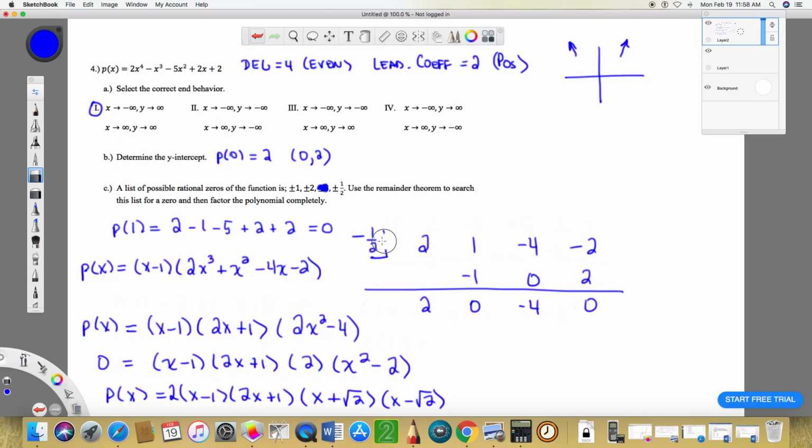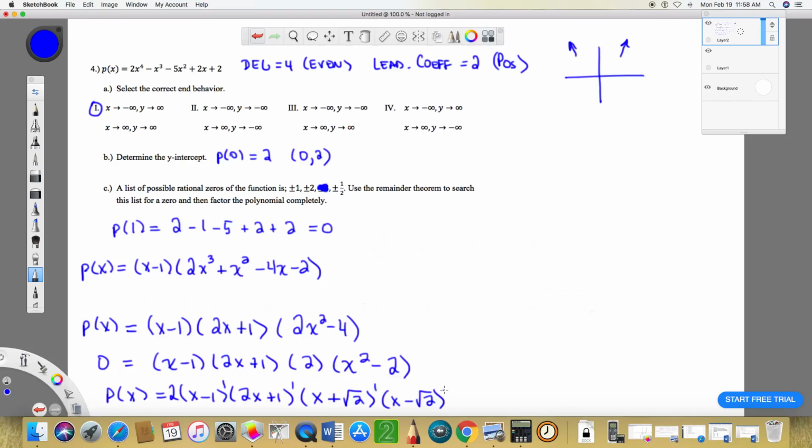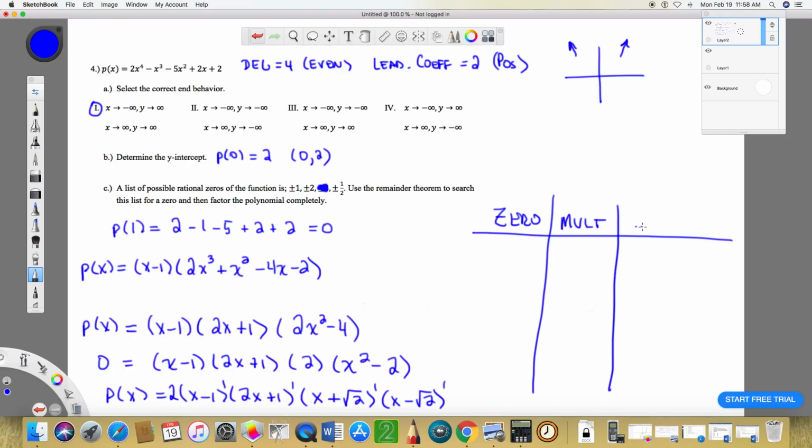So let's make a table now. All of these have a multiplicity of 1. So all of these are going to intersect the x-axis by crossing over it.